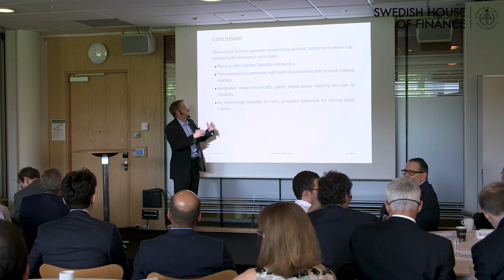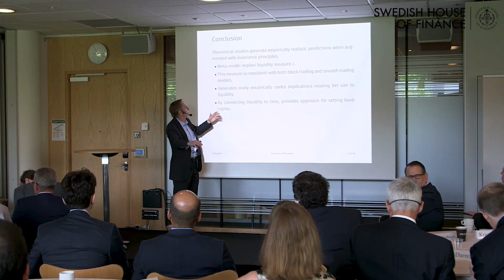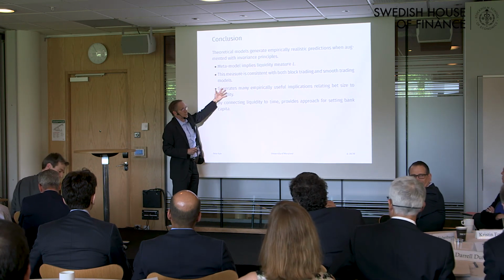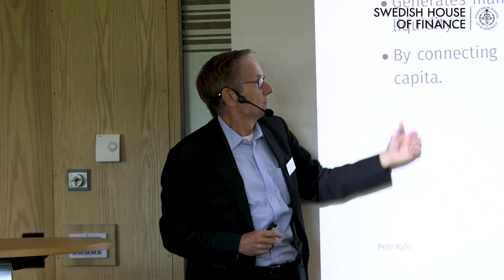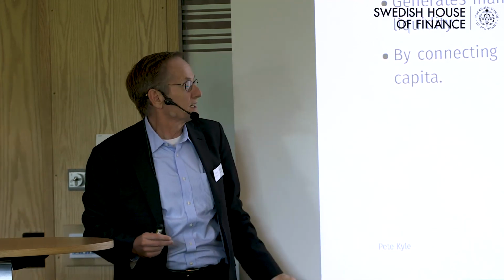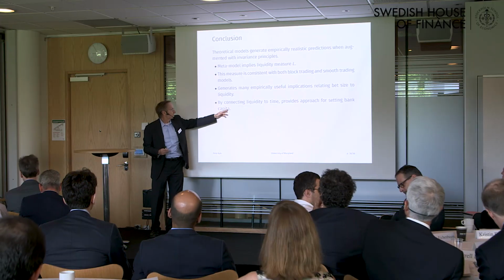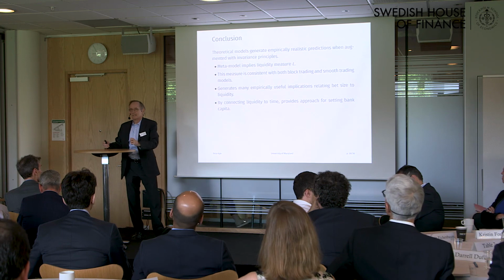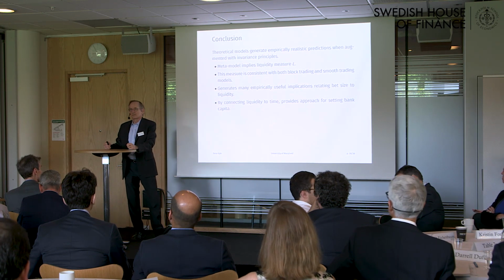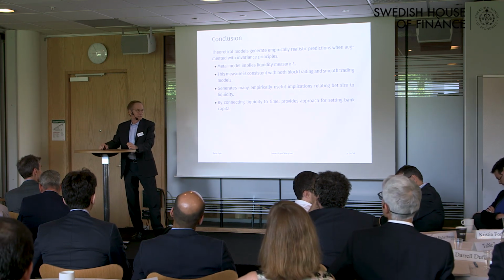It's also consistent with the order trading model where they trade smoothly over time. It generates a lot of very useful empirical implications from this invariance assumption. And by connecting liquidity and time, it has a present approach for setting bank capital. It deals with some problems of banking that I think are going to be the rest of the conference.